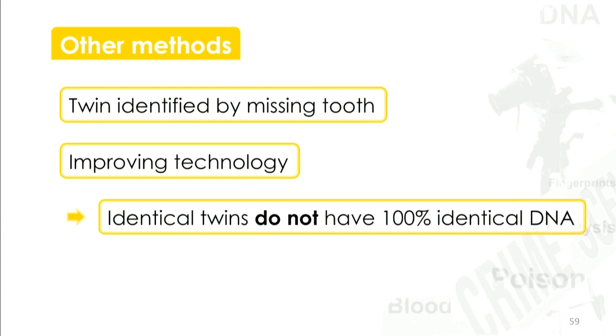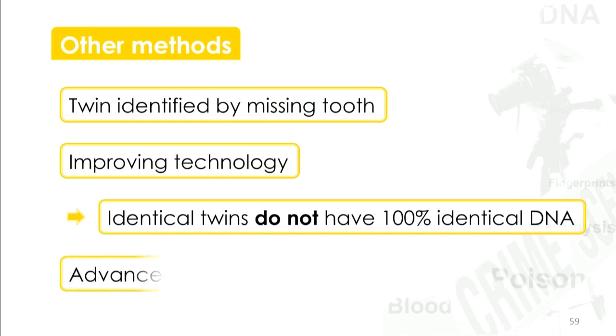A little bit like typing errors as the DNA is written out. So the DNA in identical twins is very, very slightly different between the two of them. Now, using the normal techniques of DNA profiling that are normally used by forensic scientists, that difference is not detectable.